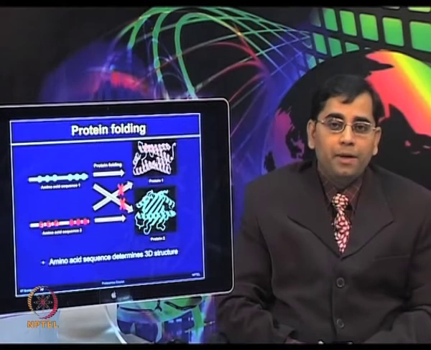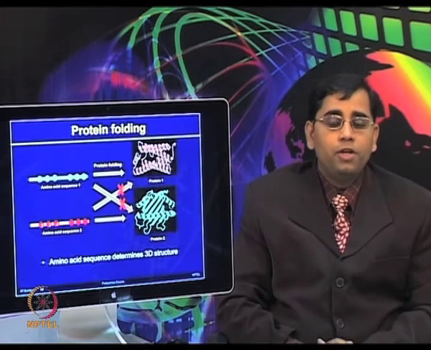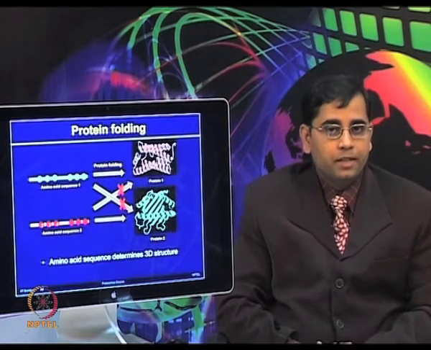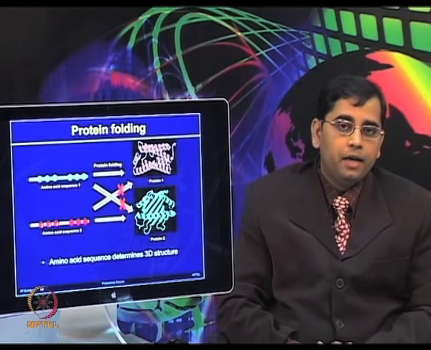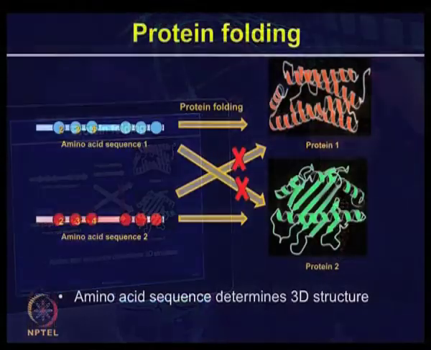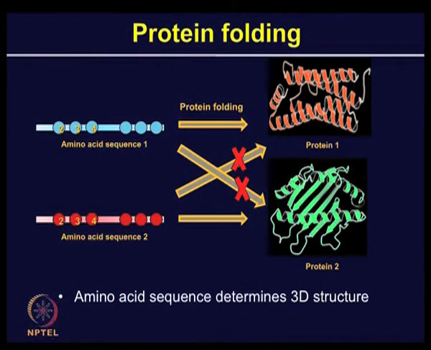Now, if you take the amino acid sequence 1, protein 2 cannot be generated. Similarly, if you take amino acid sequence 2, protein 1 cannot be generated. So, there is very high specificity of amino acid sequence which can determine the three-dimensional structure of proteins.